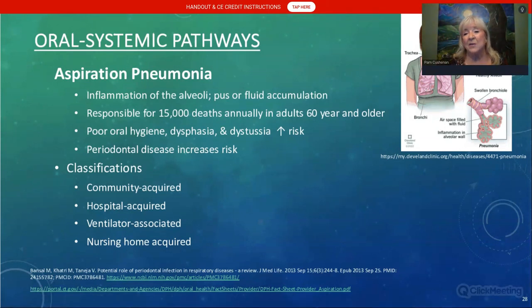Anyway, periodontal disease increases the risk of aspiration pneumonia. Why? We'll talk about that in just a moment. But we list the different types of aspiration pneumonia based basically on where a patient is picking it up: community acquired, hospital acquired, ventilator associated, and nursing home acquired.